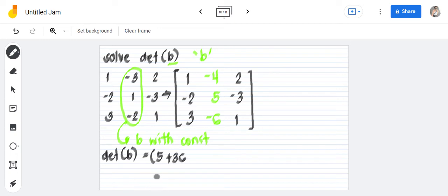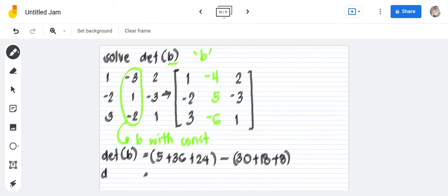Then we have 2, negative 2, negative 6, 24. So minus, upwards, we have 3, 5, 2, negative 6, negative 3, 1, then 1, negative 4, negative 2.